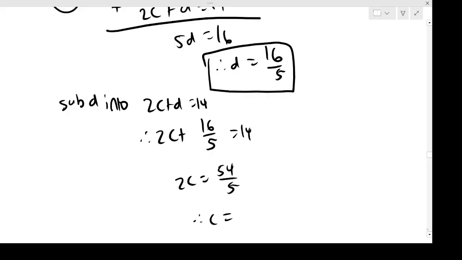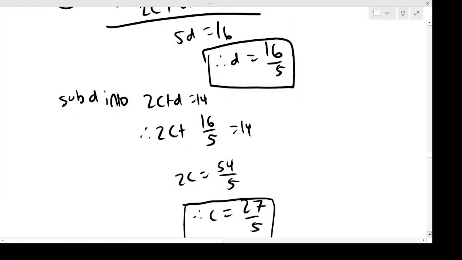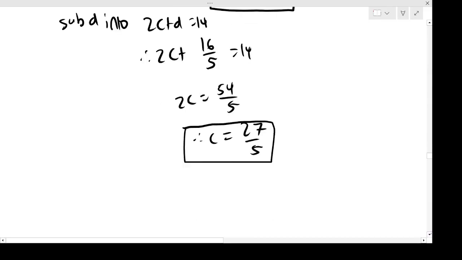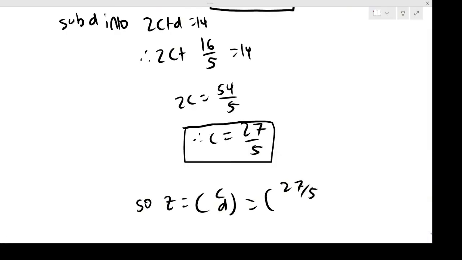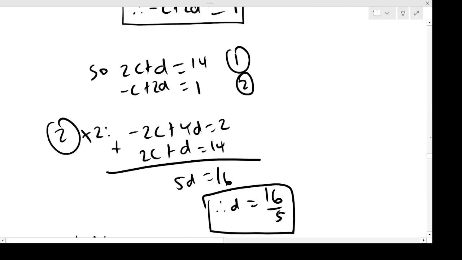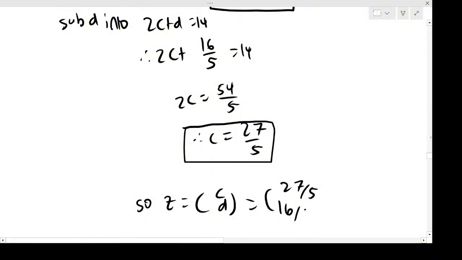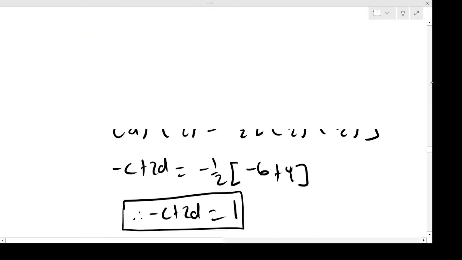Therefore, C is going to be, divide that by 2, I get 27 over 5. And there we are. So my velocity overall, again, Z is (C, D), which here is going to be (27 over 5, 16 over 5). And there we are. That's my answer there.